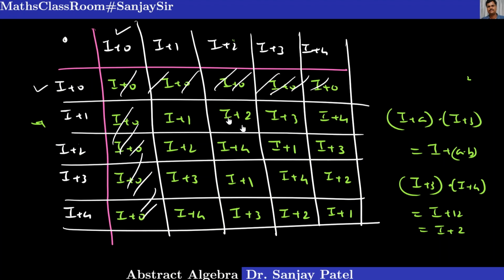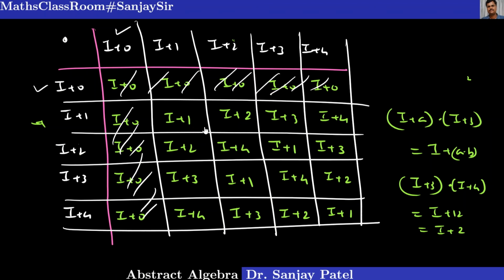Now you check whether that set of non-zero elements forms a group or not. That means I have only I plus 1, I plus 2, I plus 3, I plus 4. So it is closed with respect to this operation of multiplication, and because no element is repeated in any row or in any column, everything is fine.